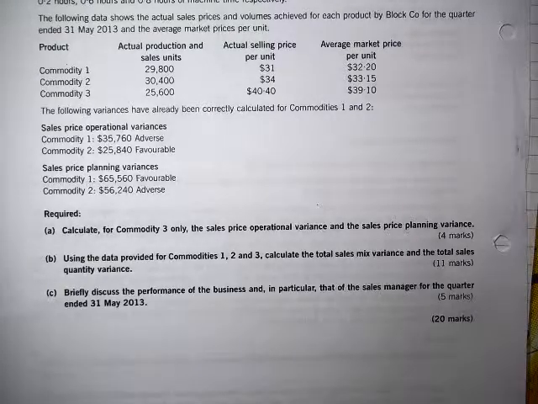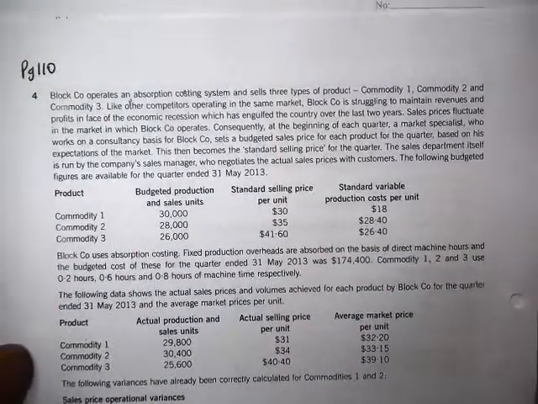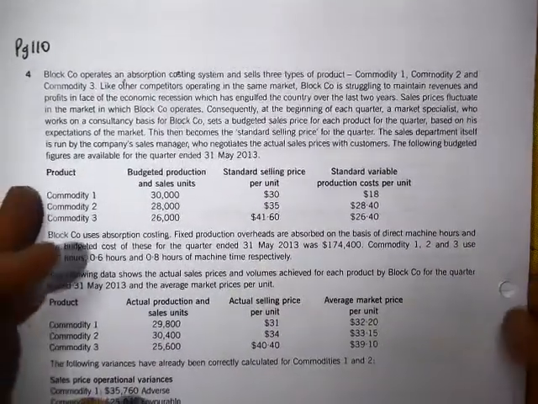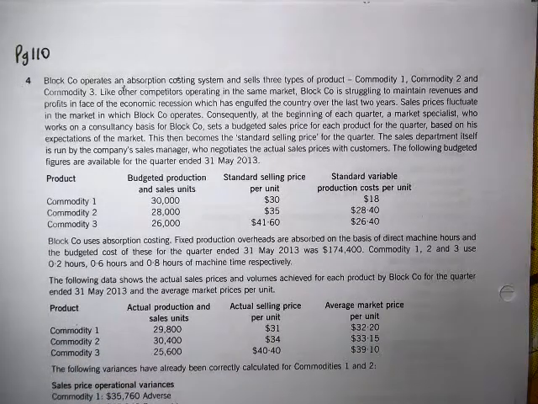Now it says that Block operates an absorption costing system and sells 3 types of product: commodity 1, commodity 2, and commodity 3. Like other competitors operating in the same market, Block is struggling to maintain revenues and profits in face of the economic recession which has engulfed the country over the last 2 years.